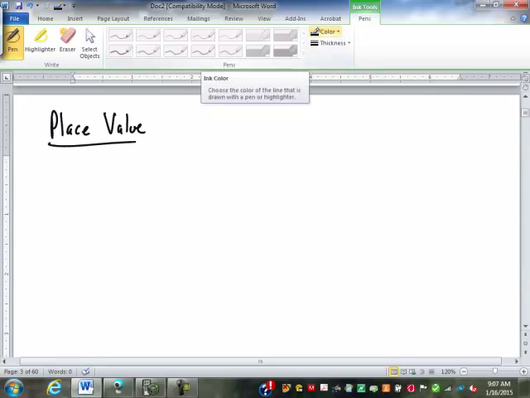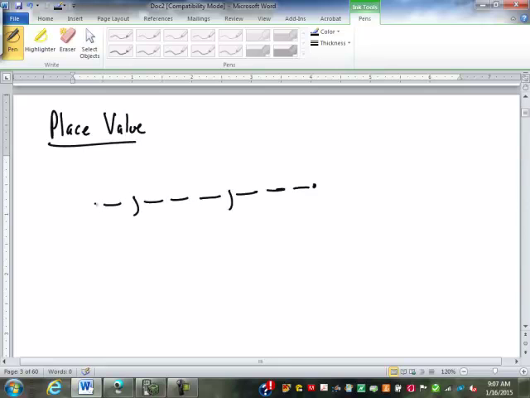Now I'm going to breeze through place value pretty quickly because most of you hopefully know it all. Starting at the decimal point and working our way backwards, this last digit is the ones, and then tens and hundreds.